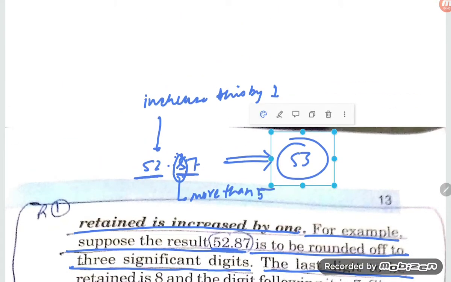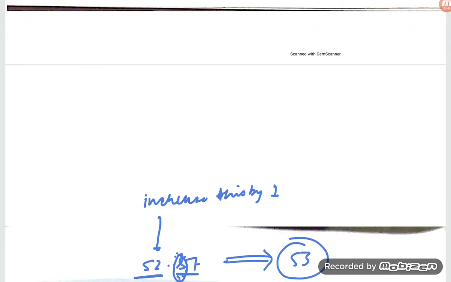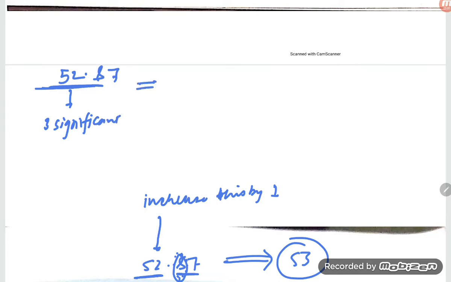What they are saying is that suppose we have 5287, and we want to retain three significant figures. Then what will you do?